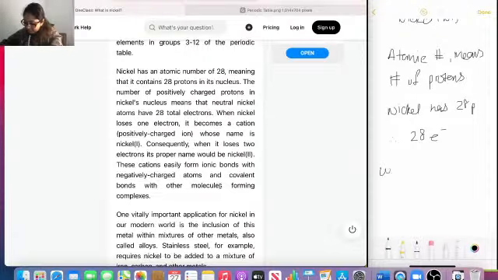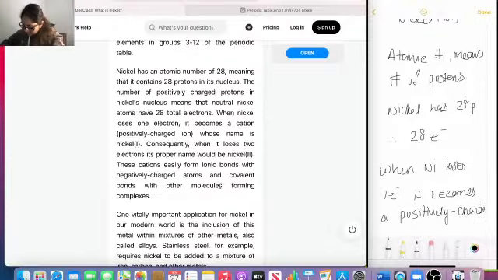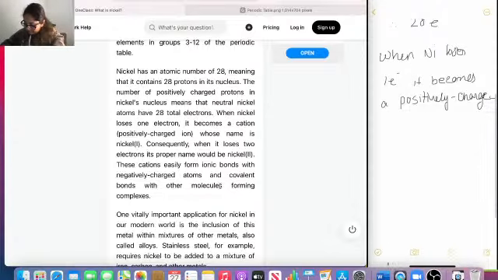So when nickel loses 1 electron, it becomes a positively charged cation.